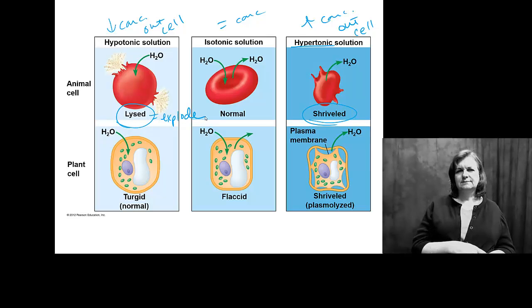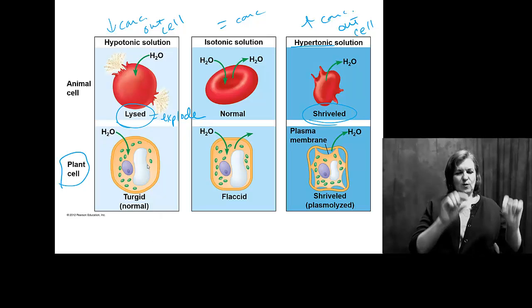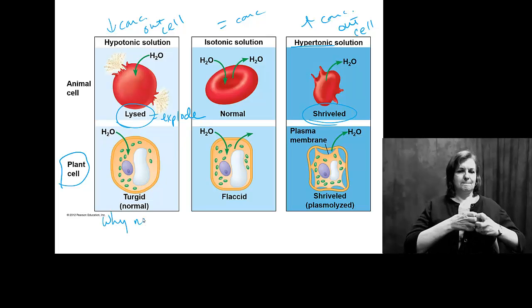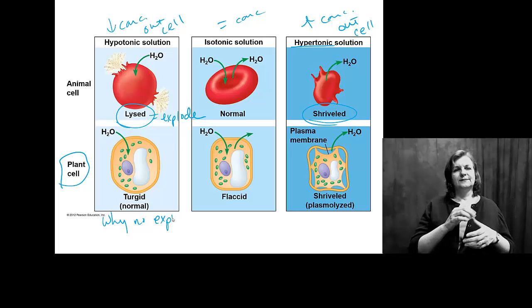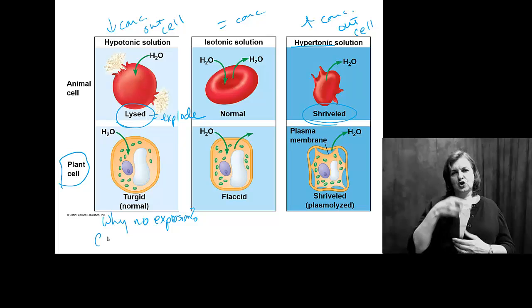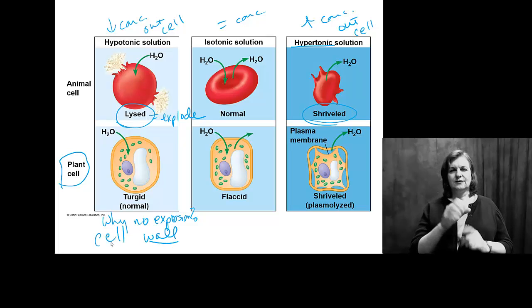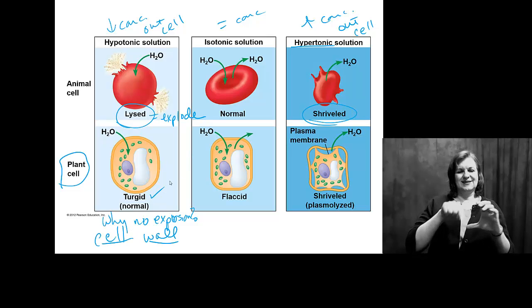But with our plant cells down here at the bottom, plant cells will do the same thing. They will take in water, but they don't explode. Why not? The cell wall is actually going to help maintain what we call a turgid plant cell.